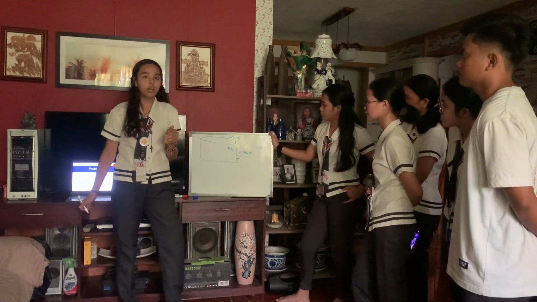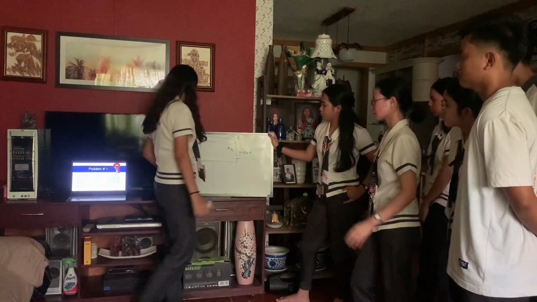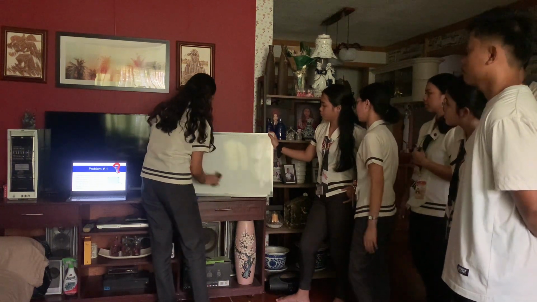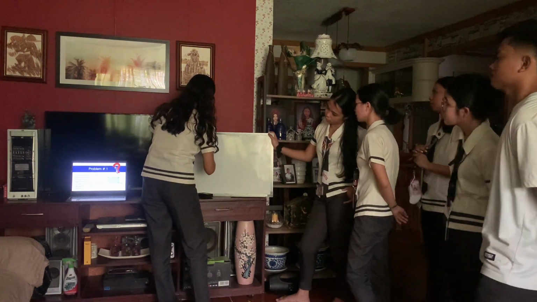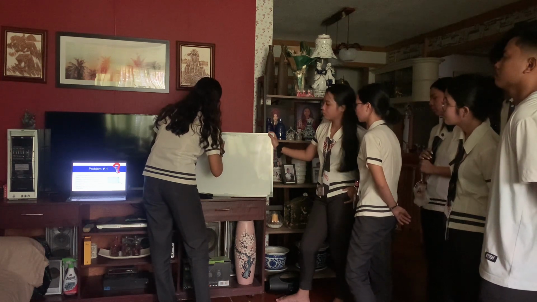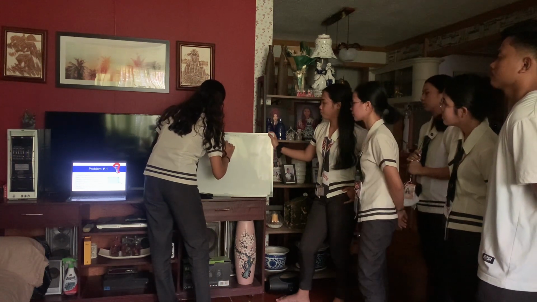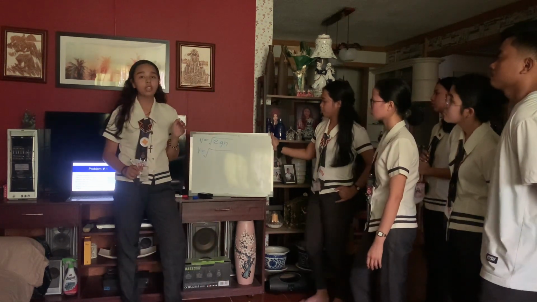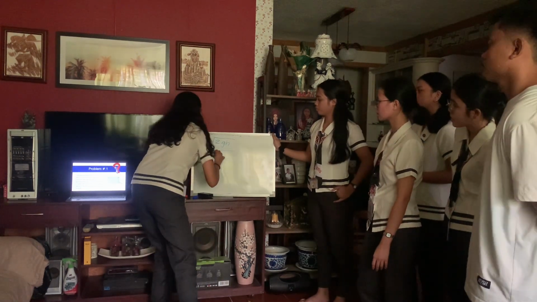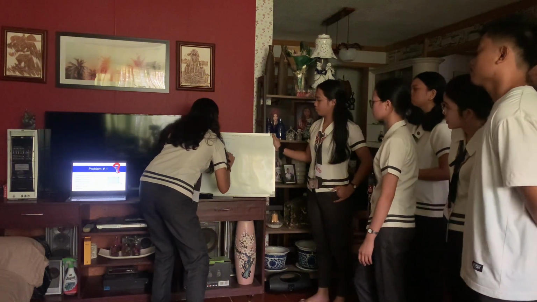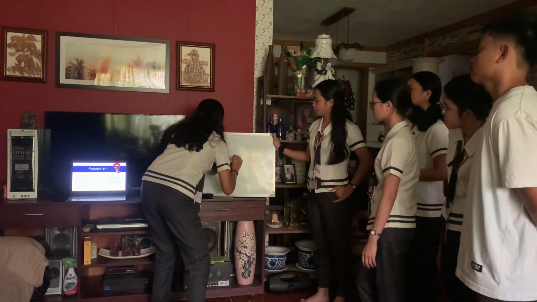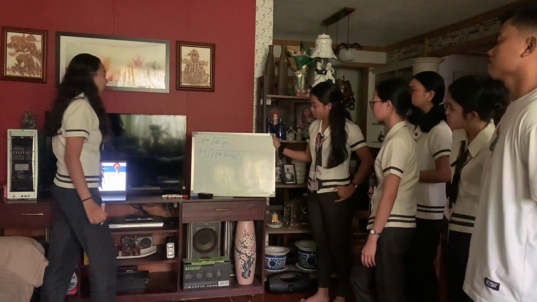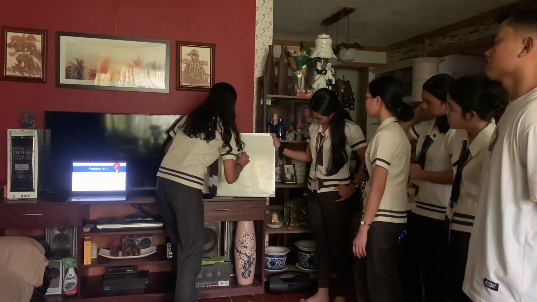So, we will use the Torricelli's equation that we derived earlier. V is equals to square root of 2GH. We know that the gravitational constant is 9.81 meter per second squared, and the height is 10 meters.